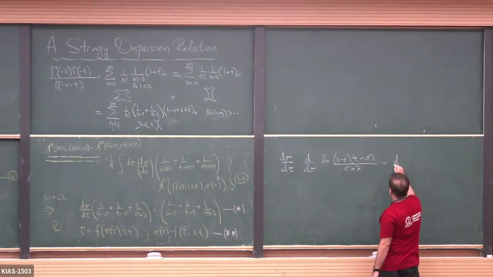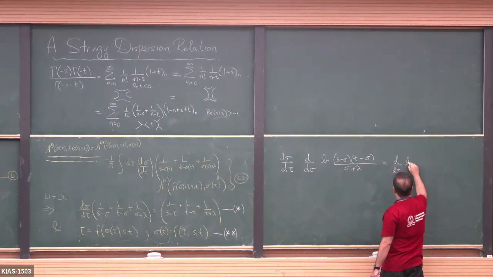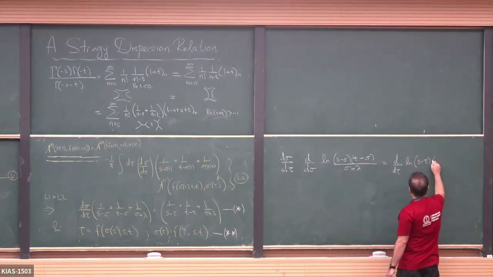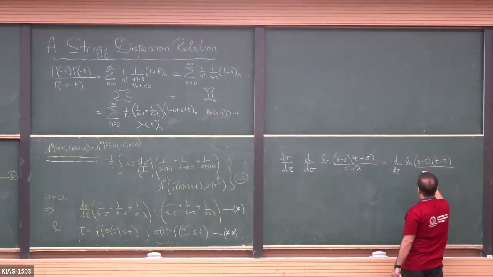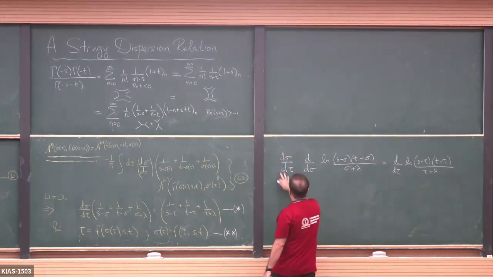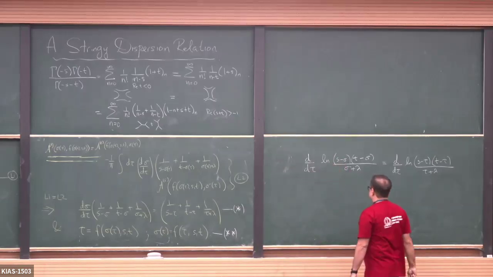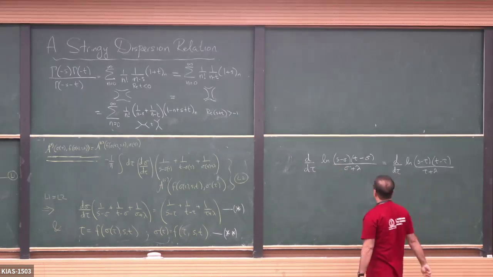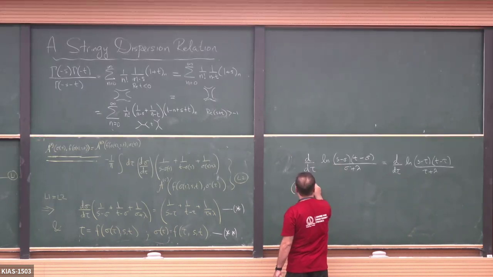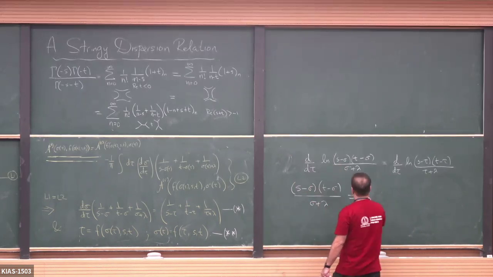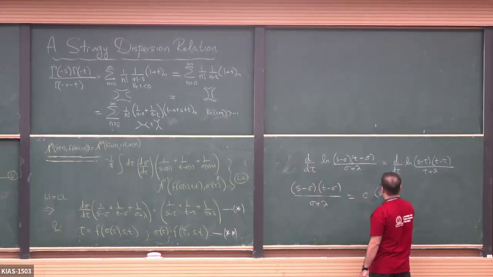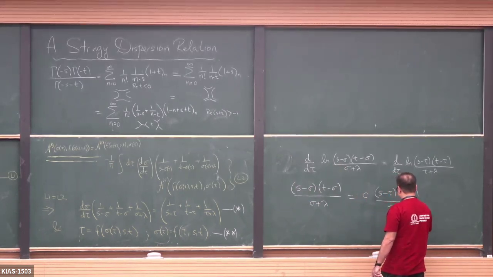And on the right hand side, we do the same thing, d d tau of log of s minus tau, t minus tau, over tau plus lambda. So this just becomes d d tau because sigma is a function of tau. And the solution is straightforward. It stares at you. So s minus sigma, t minus sigma, over sigma plus lambda should be equal to some constant times s minus tau, t minus tau, over tau plus lambda.